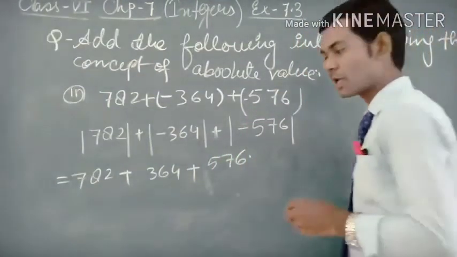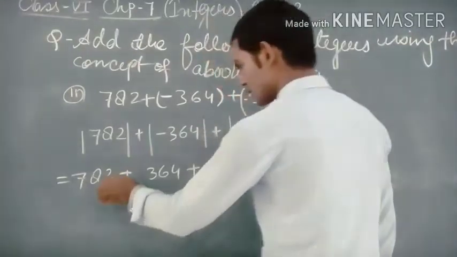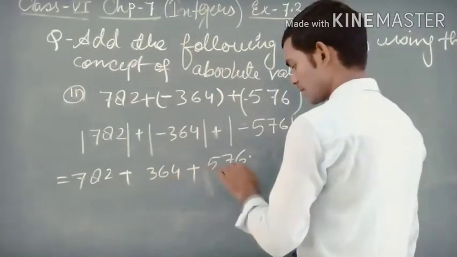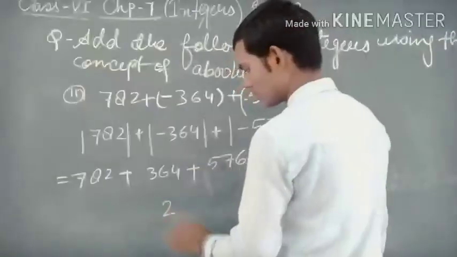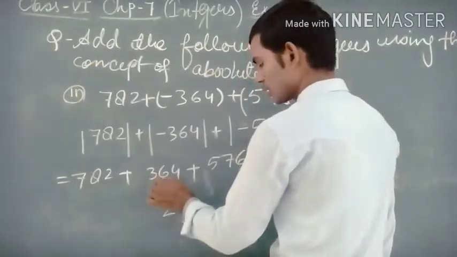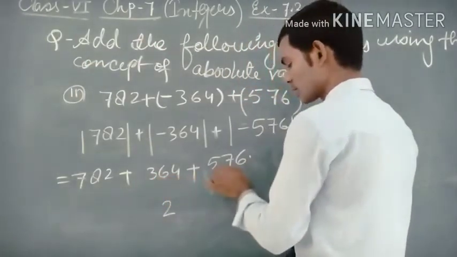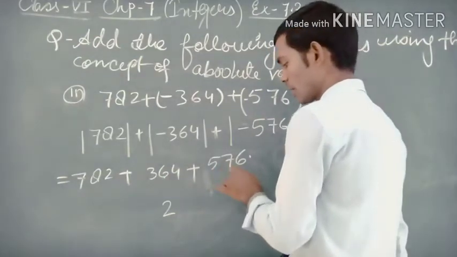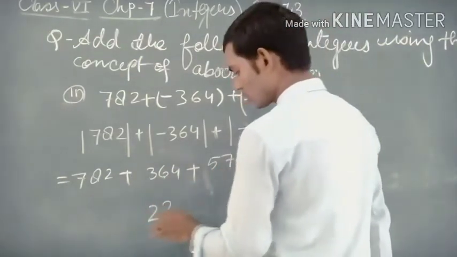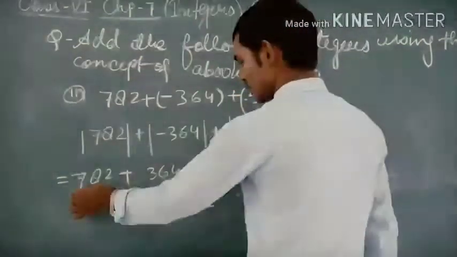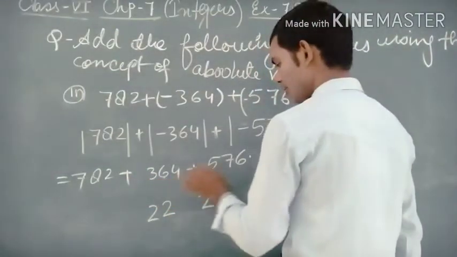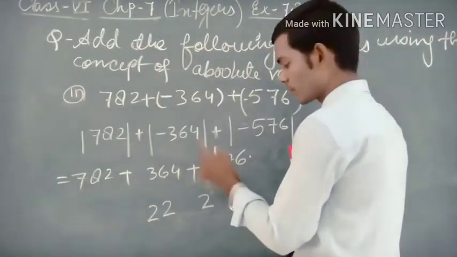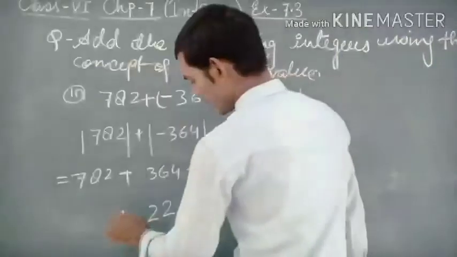Okay, now we shall add them, then we get 2 plus 4 is 6, 6 plus 6 is 12, 8 plus 6 is 14, 14 plus 7 is 21, and 21 plus 1 is 22, carry 2. 7 plus 3 is 10, 10 plus 5 is 15, 15 and the carry 2 is 17.